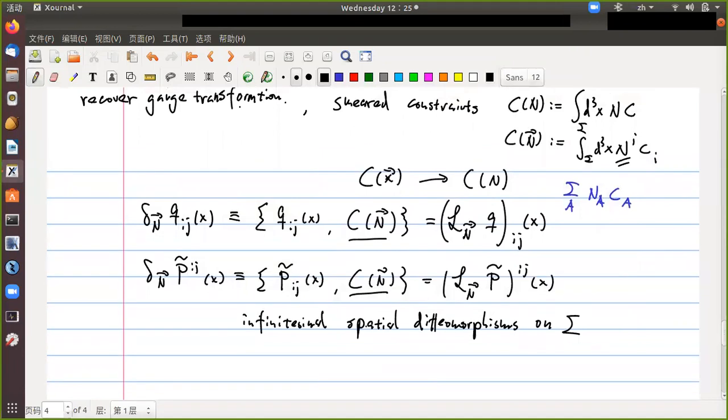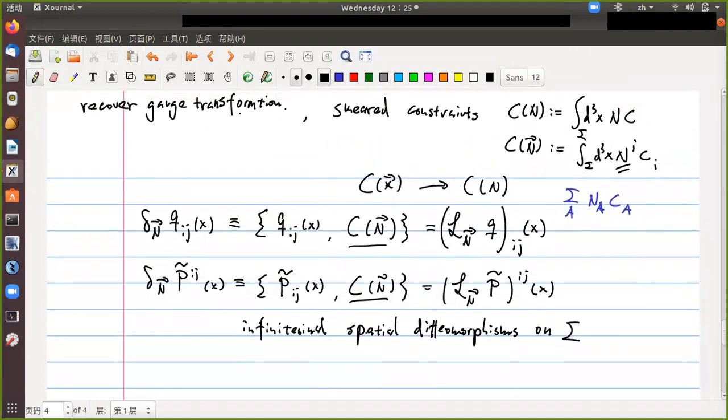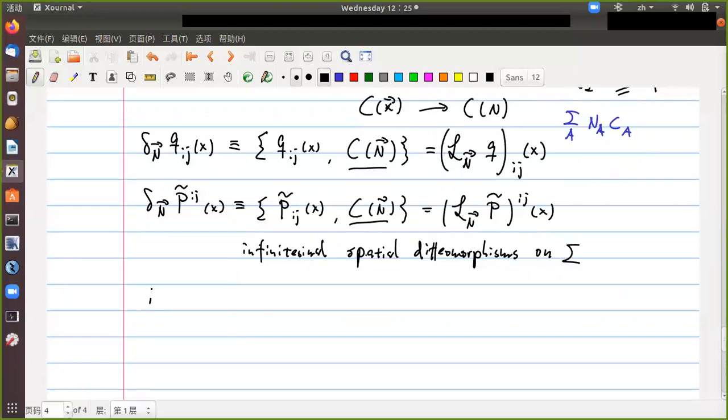Now let's work out the infinitesimal transformation generated by the other constraint, the Hamiltonian constraint. For q_ij with C_n, you have no vector, which means that it is a scalar constraint, the Hamiltonian constraint.